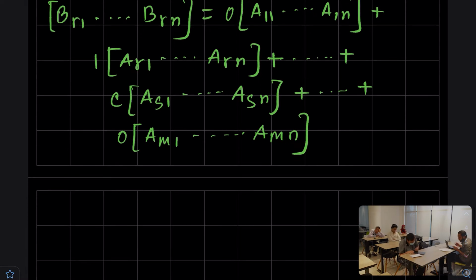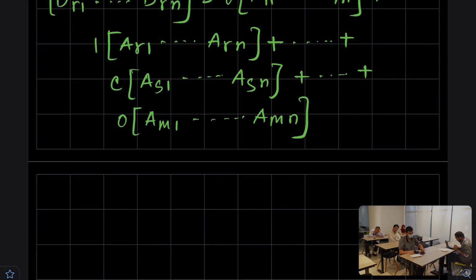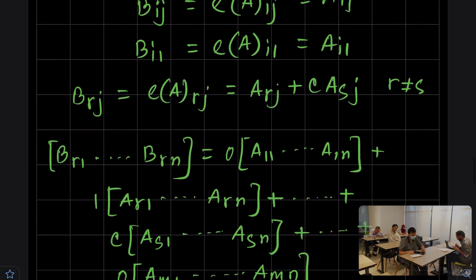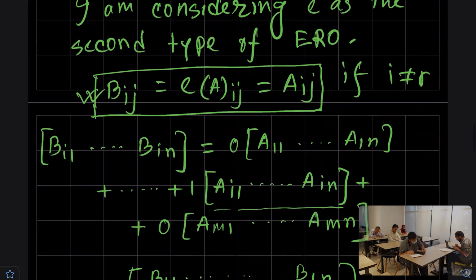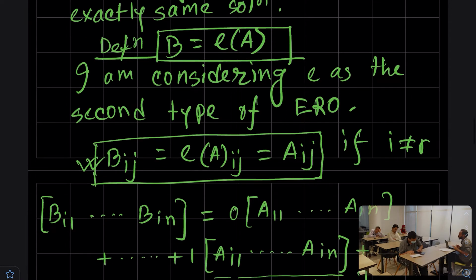Okay. So that means, and that is the definition, B is equal to E of A.